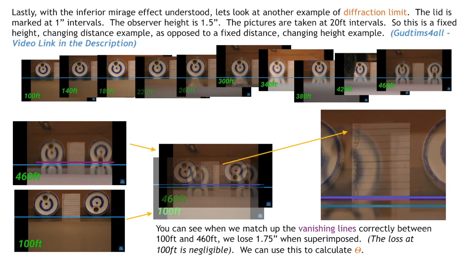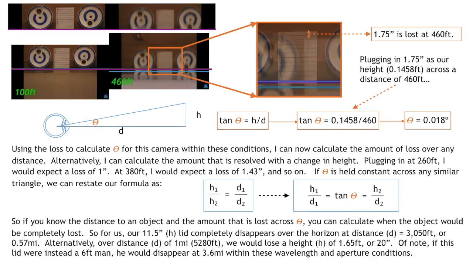And again, we can use this to then calculate theta for this particular wavelength, diameter, aperture camera. So we'll do that here. Again, this 1.75 inches is lost at 460 feet.